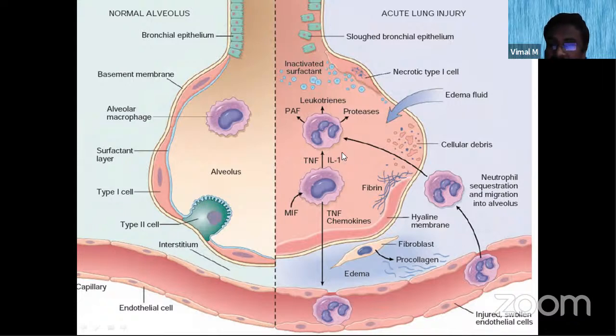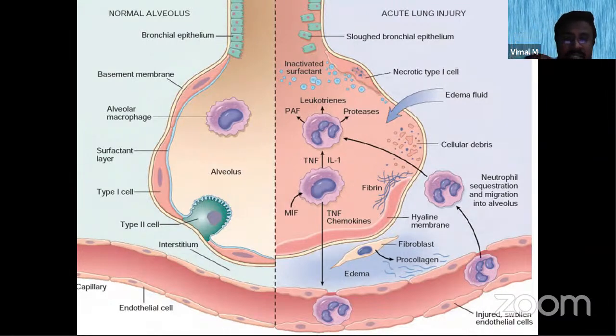So neutrophils migrate from the alveolar capillaries into the alveolus and liberate all these things. These mediators in turn damage the alveolus, so it is a vicious cycle. The injury or inflammation recruits the neutrophils, and the neutrophils, by liberating these chemical mediators, result in further damage.